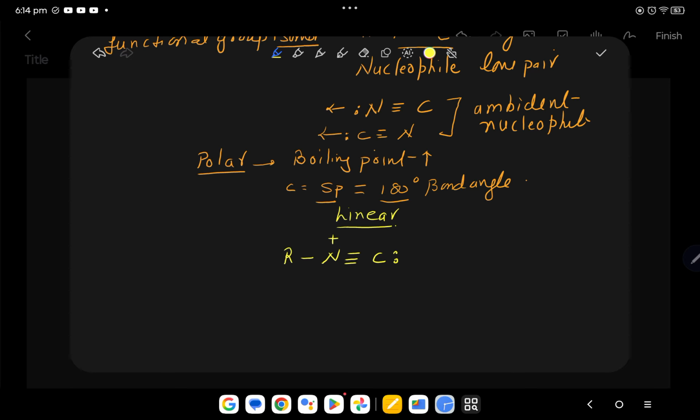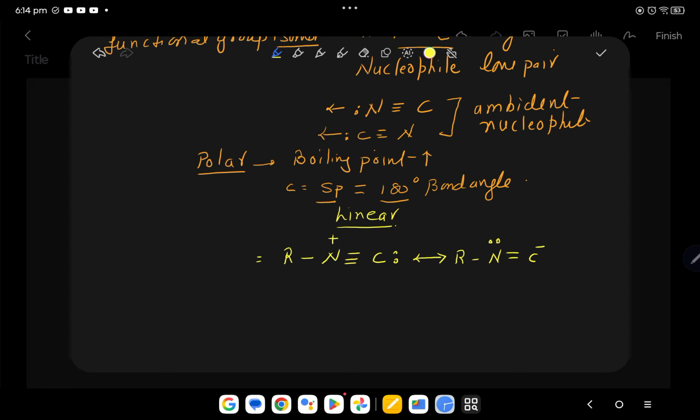So it has a triple bond, and one resonating structure will be like that, where N has a lone pair of electrons and a double bond with carbon and a negative charge. So isocyanide can also behave as an ambident nucleophile like cyanides also.